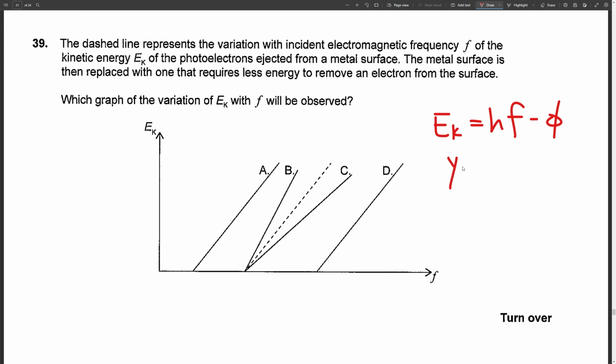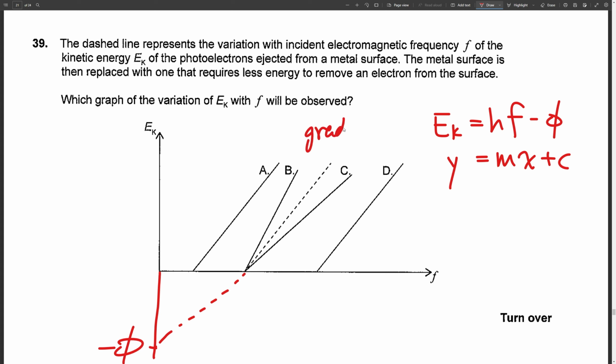And it is actually y equals mx plus c, which means if you extend the graph, then you should be able to see a y-intercept. And the y-intercept is negative work function, with its gradient being h, the Planck constant, which is always the same value. In other words, B and C must be wrong, as they give a different gradient.